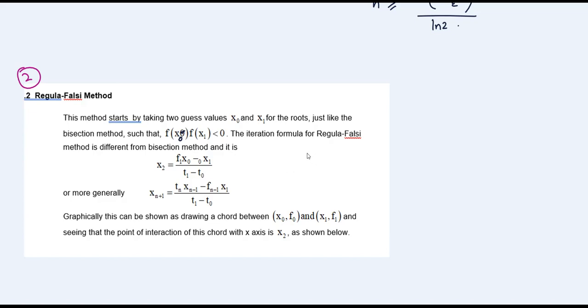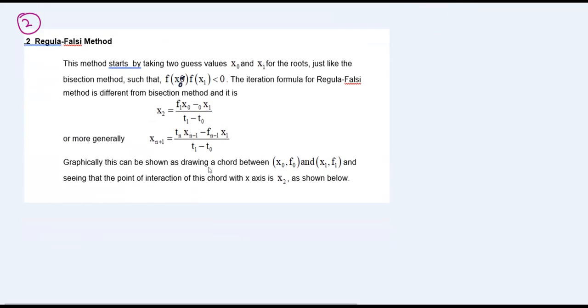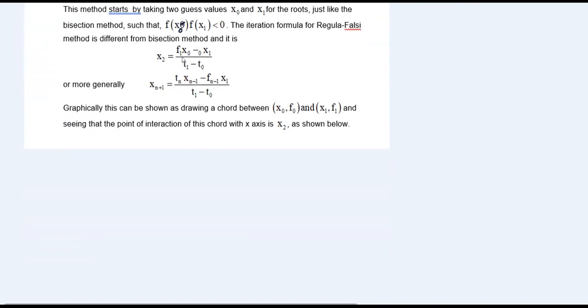Then we do an iteration formula. What is this iteration formula? Let us show this by an example. How do you get this? Now the iteration formula here has an error. I will write the exact iteration formula.